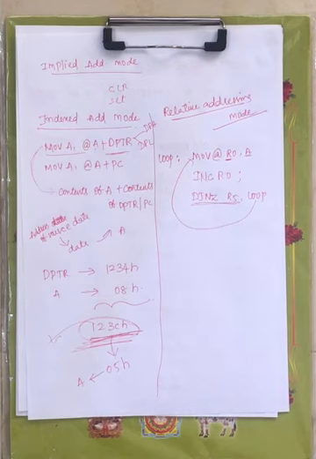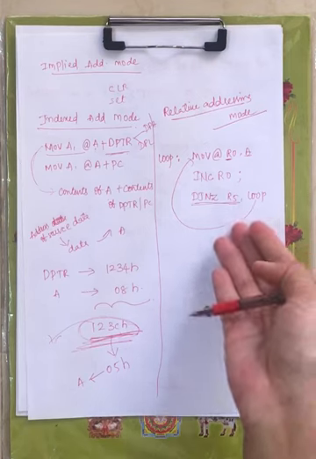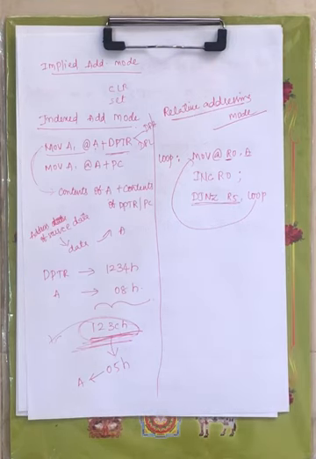It is used with conditional jump and conditional call instructions in order to transfer execution control to another place, if the condition is satisfied, right? Now that is about relative addressing mode, right?